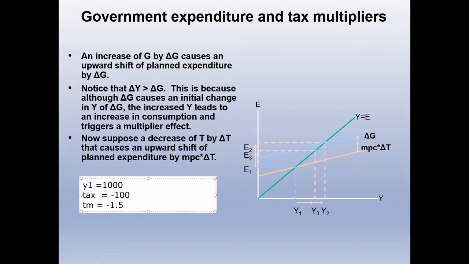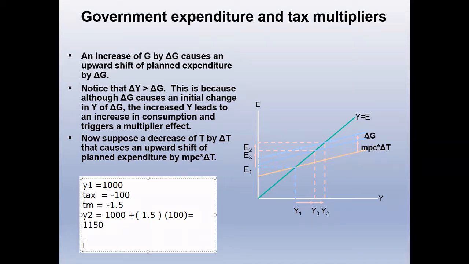So this is very nice. If I want to find the new output, I will use the old GDP plus the multiplier, which is negative 1.5, times the drop in taxes. So it will be negative times negative, which has a positive effect of 150, then it will be 1,050.